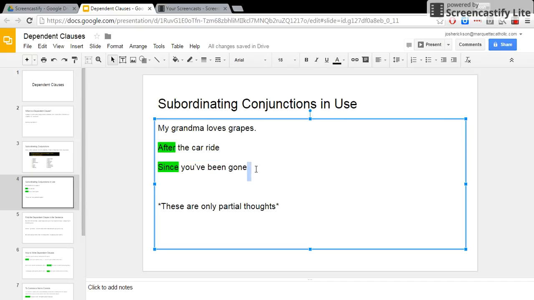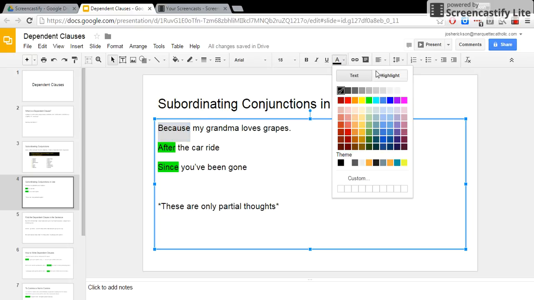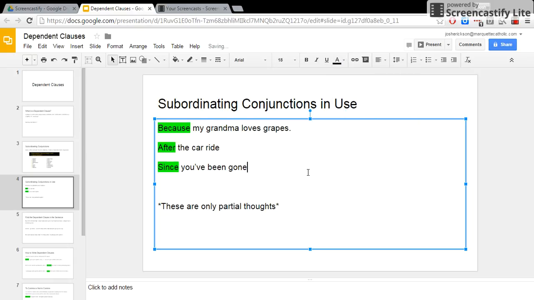Right here, you've been gone is a complete thought. However, putting these words in front of it makes them no longer a complete thought. So these green ones, which I'll turn green for you again, are your subordinating conjunctions. And the whole group of words is your dependent clause.